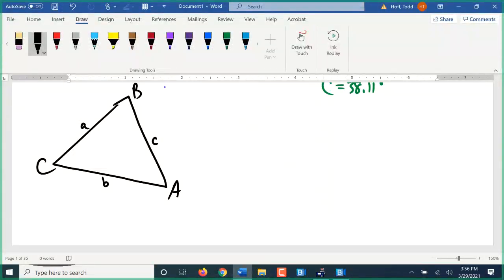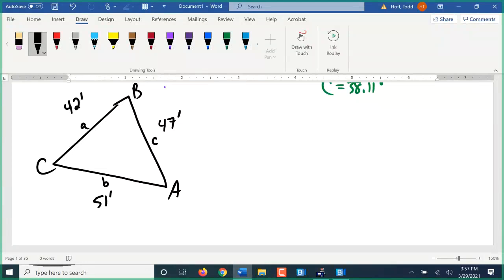So if I tell you here that side A is 42 feet, side B is 51 feet, and side C is 47 feet, we can find one of our angles.